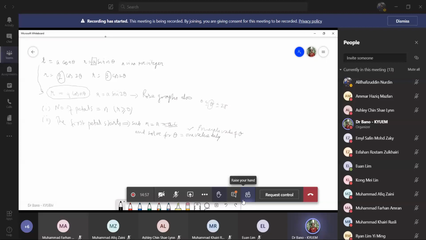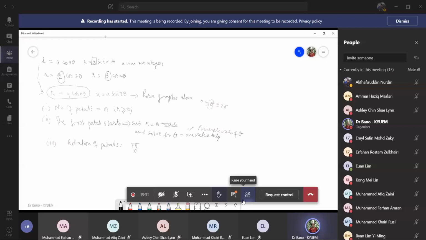Now next will be number 3. The rotation of petals is determined by the formula 2 pi by n. So if n is 2, then it will be pi, which means the next petal will start with a difference of 180.